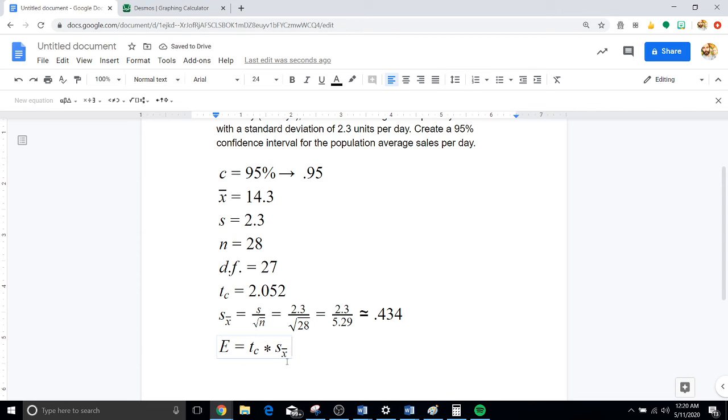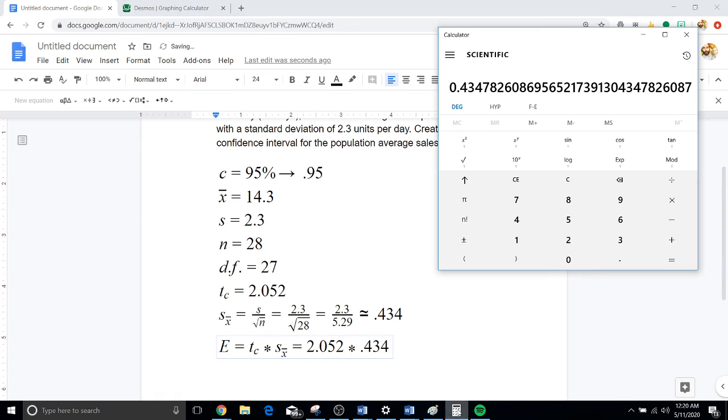And that is going to be equal to 2.052 times 0.434, and 0.434 times 2.052 gives approximately 0.89.